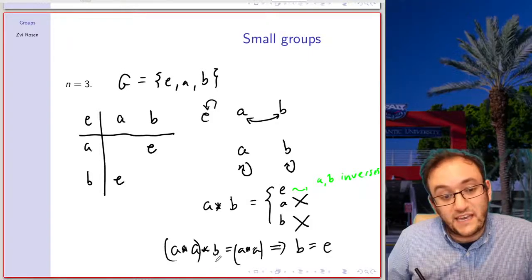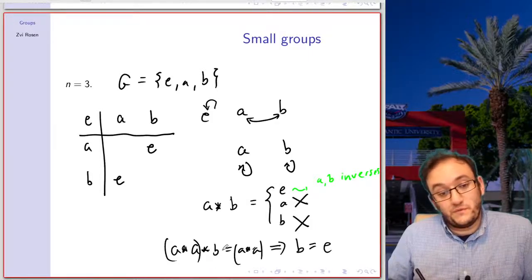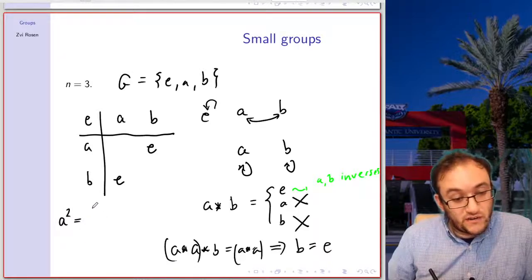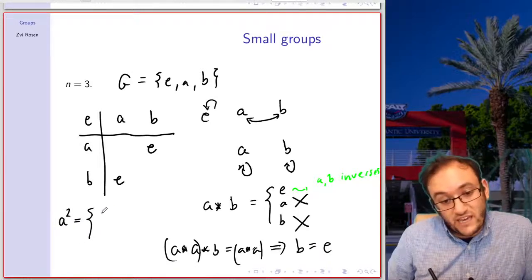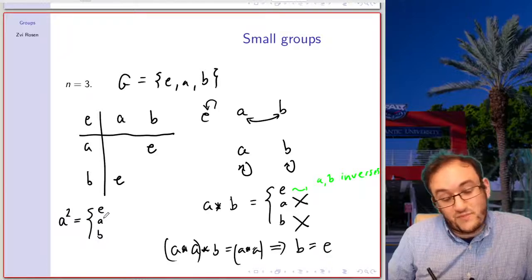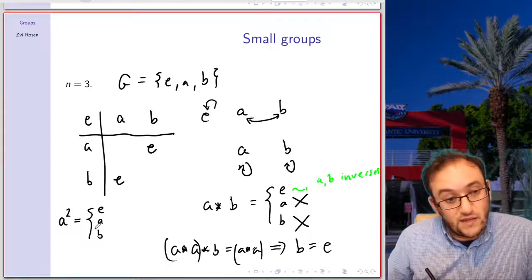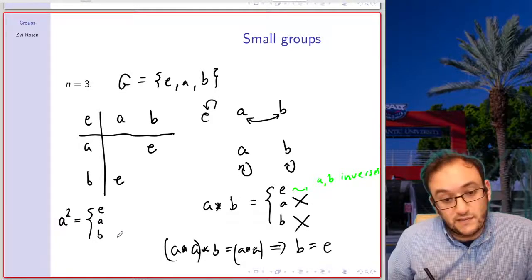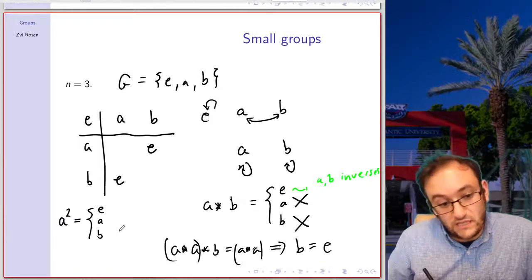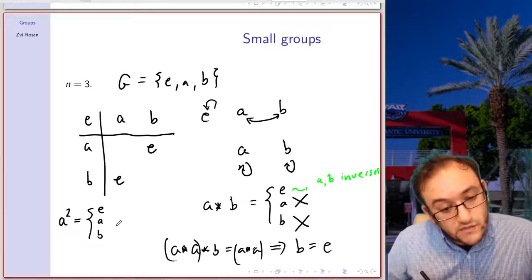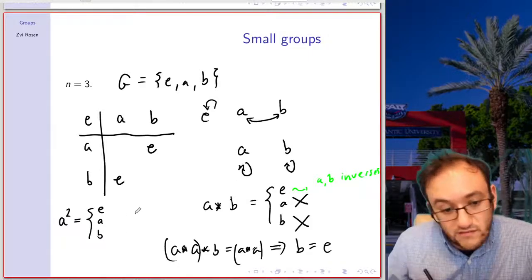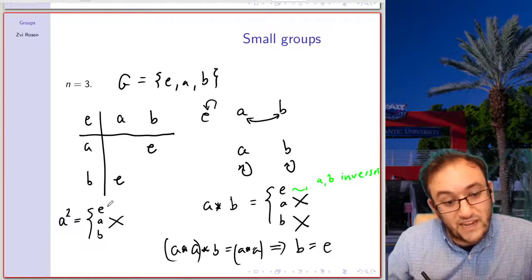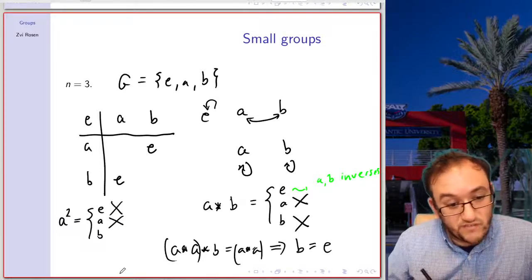Well then, what's A squared and B squared equal to? We know A squared can't be equal to A, because then you could cancel and find that A is equal to E. So that rules out A. And we know that A is not its own inverse because we already found its inverse.